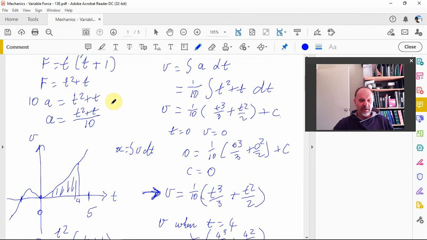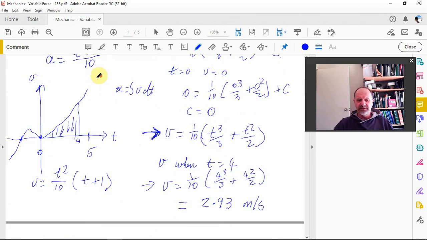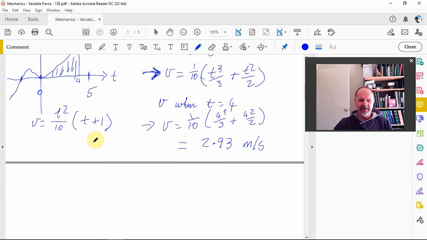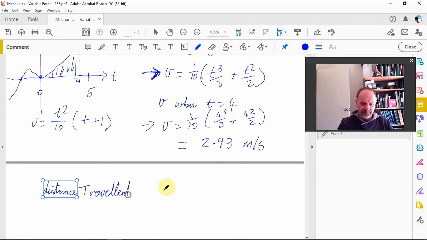So to find that area, we can say the distance travelled is simply the area, which is the integral between 0 and 4 of 1/10, put the 10th out the front.